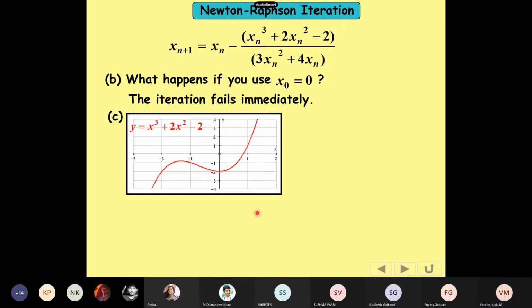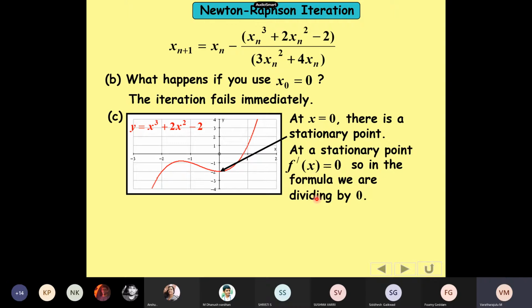See, this is the graphical representation. At x equal to 0, we call that point a stationary point. Why is it called a stationary point? At x equal to 0, f dash of x is equal to 0.